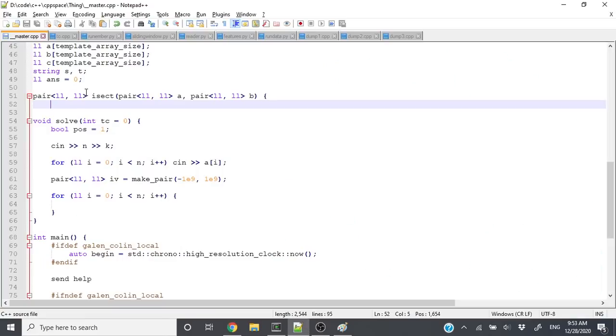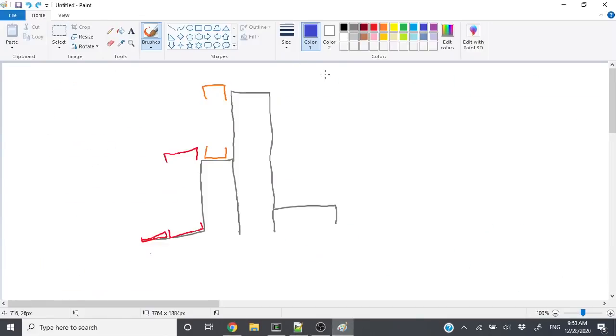The way to do this is to say we have two intervals here, something like this and something like this. The intersection is the maximum of the two starting coordinates and the minimum of the two ending coordinates, because this interval is the intersection between them.